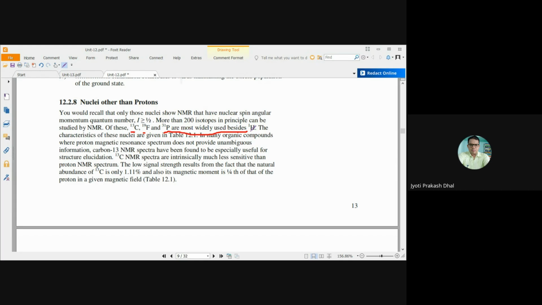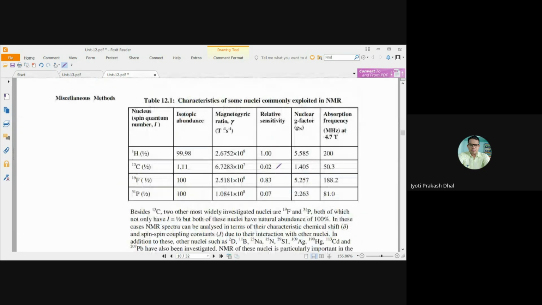So the commonly used nucleus is proton, and that NMR is called PNMR. Apart from PNMR, CNMR, that is carbon NMR, FNMR, and phosphorus NMR are also possible. The characteristics of these nuclei are given in table number 1.